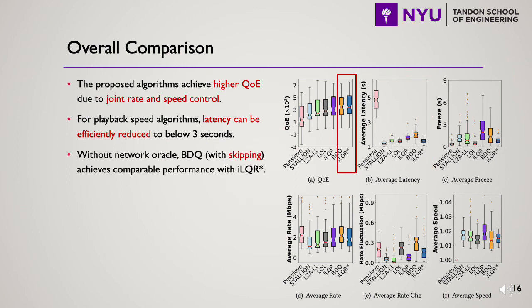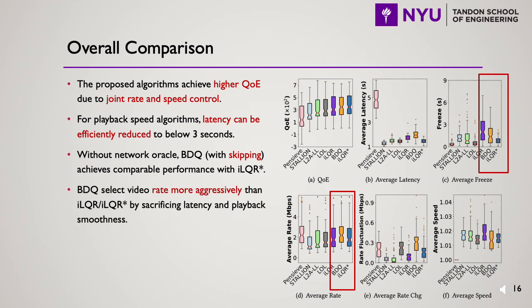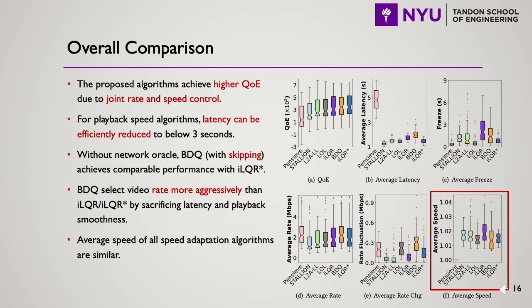For BDQ, even without future network oracle, but with more levels of playback speeds, comparable performance is achieved with iLQR star. We also find the model-free solution behaves differently than model-based by choosing rate more aggressively. While looking at average speed, we see that all the algorithms behave similarly except Pensieve.